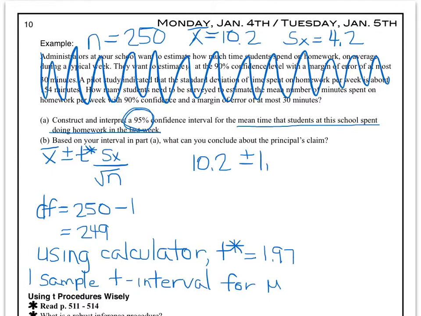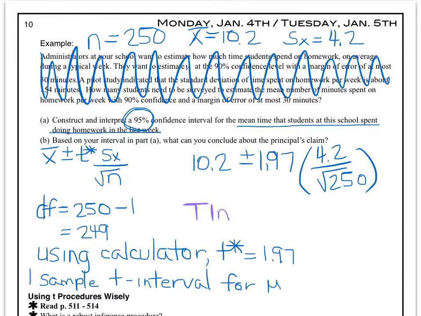Okay, so 1.97 times the standard deviation, which is 4.2, over the square root of 250. And remember, I can either plug this into my calculator as it is, or I can use my calculator's interval function. If I'm interested in using my calculator, I'm going to the test menu and I'm going to choose the option that says t-interval.